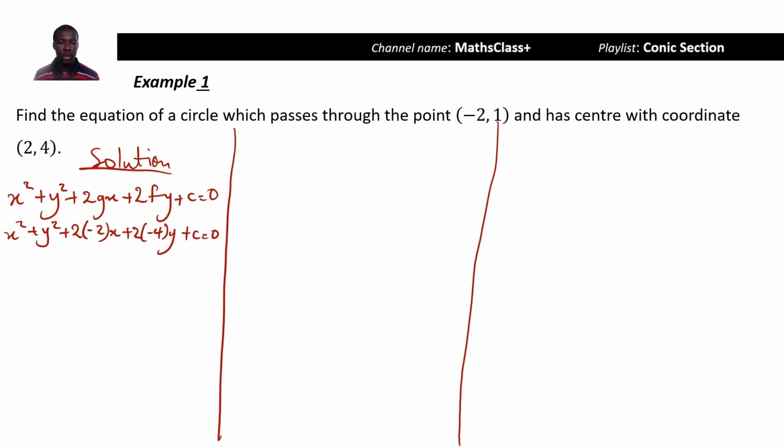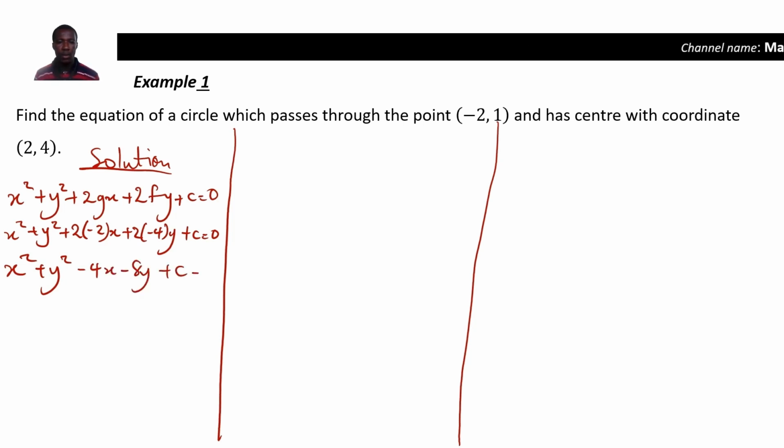So we simplify and get x² + y² − 4x − 8y + c = 0. This is the equation of the circle. However, we need to find the value of c.